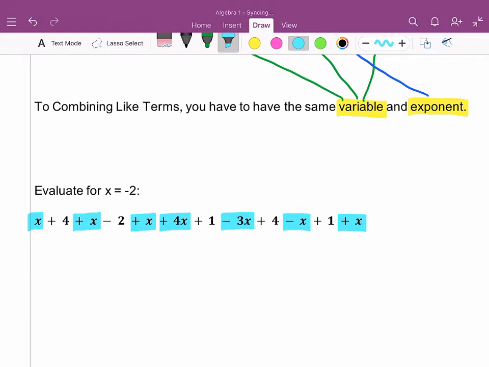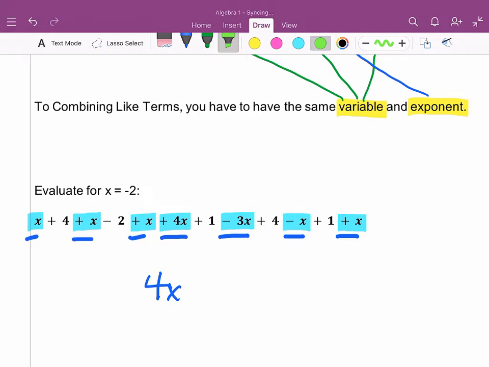But if I combine those, okay, I've got 1x plus another x, that's 2 x's, plus another x, 3x, plus 4x, 3 plus 4, 7, minus 3, 7 minus 3 is 4x, minus another x, 4 minus 1, that's 3x, plus another x, 4x. So totaling 4x, okay?